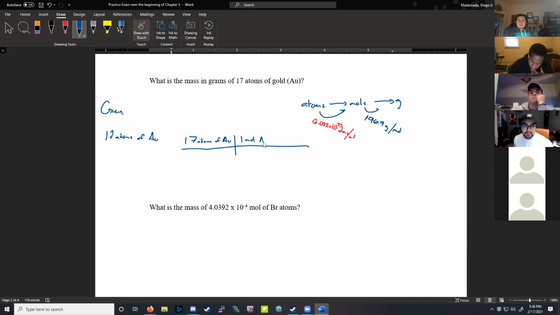Yes, I specify what you're working with. 6.022 times 10 to the 23rd atoms. And then what's next? You multiply by the molar mass. So 1 mole of Au is 196.9 grams. And then what ends up in our answer?